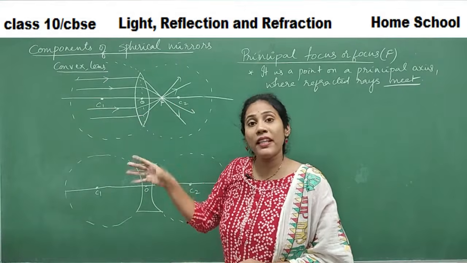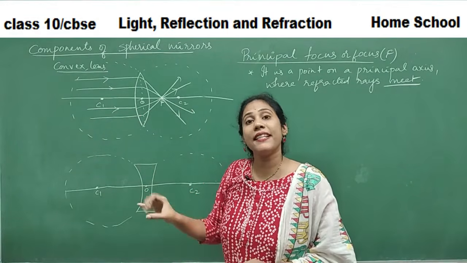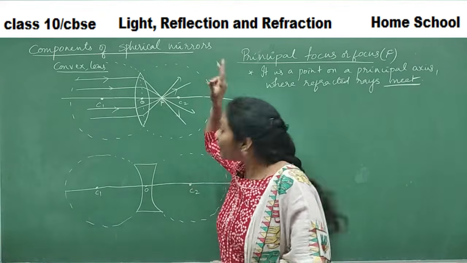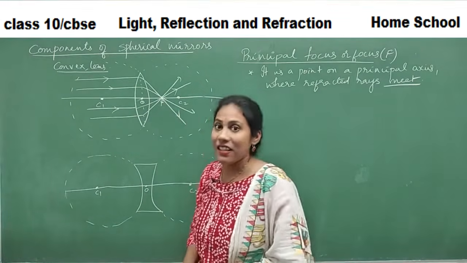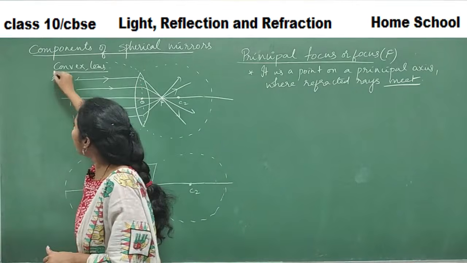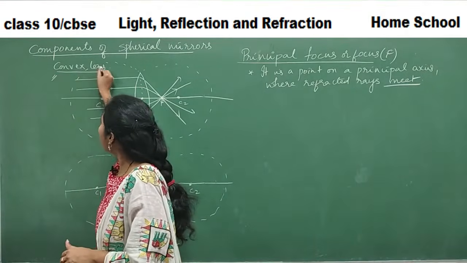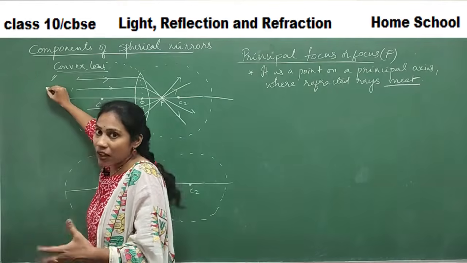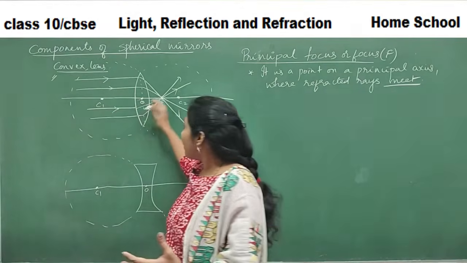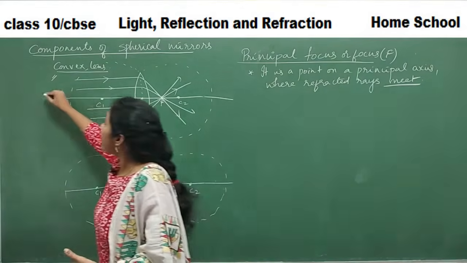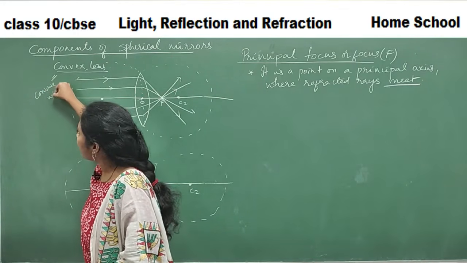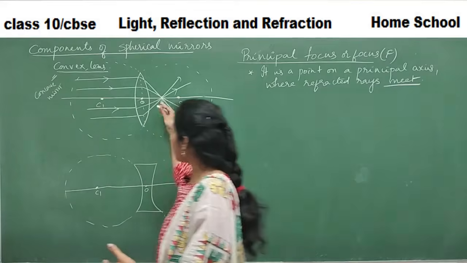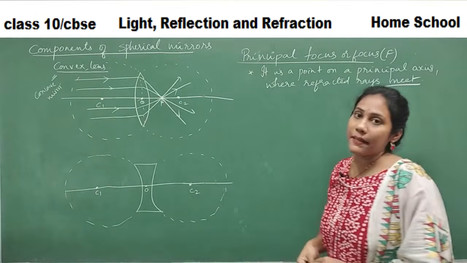In the case of mirrors, convergence took place in the concave mirror; here converging is taking place in the convex lens. I told you to keep one point fixed in your mind: the convex lens shows properties similar to the concave mirror. There also convergence took place, here also converging is taking place.